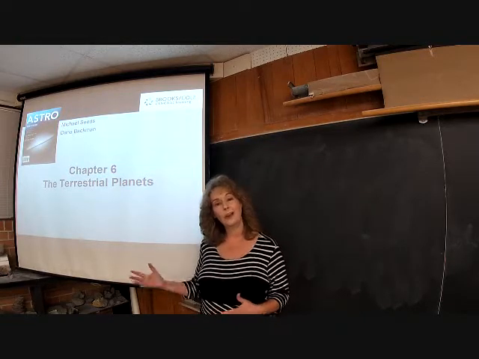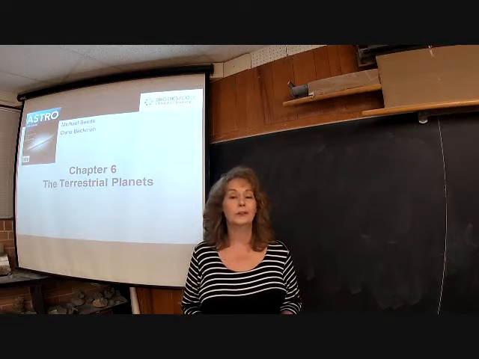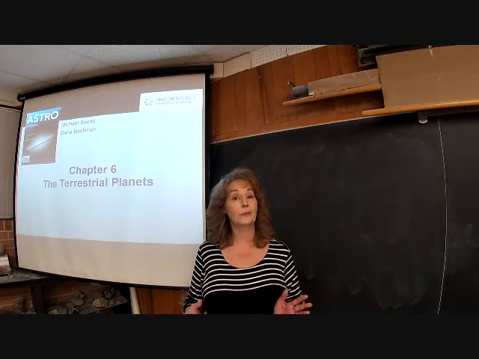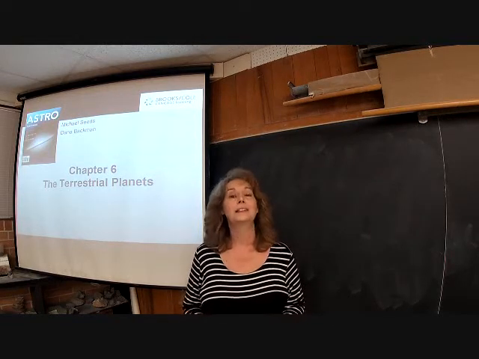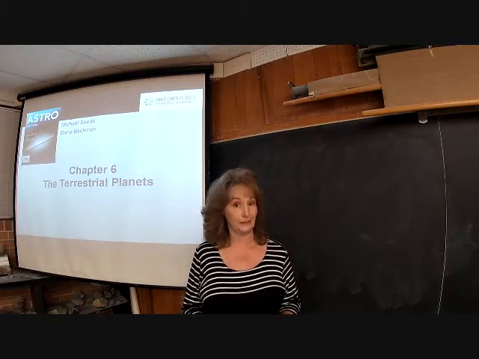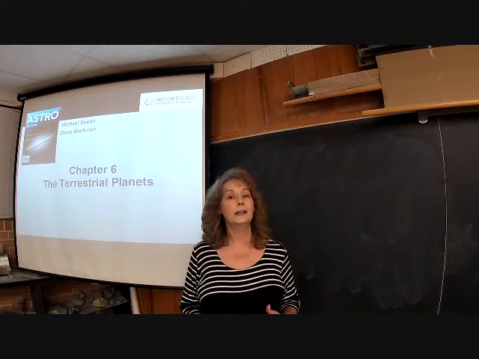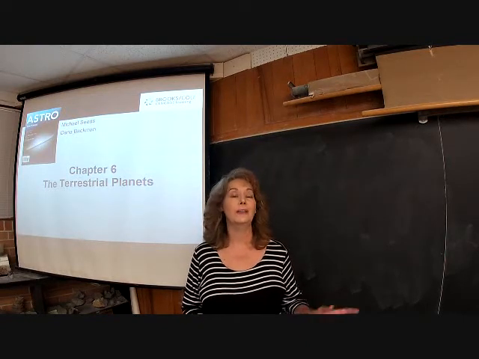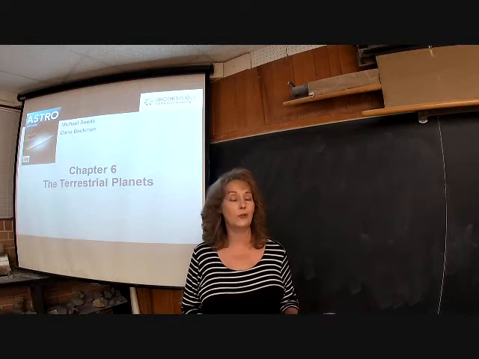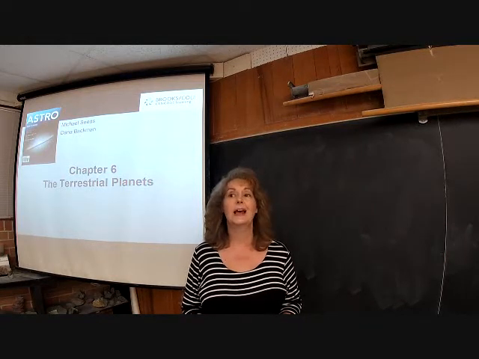The way this unit is set up, chapter 6 will talk about the innermost 4 planets that we call the terrestrial planets, the Earth-like planets, Terra standing for Earth. Chapter 7 will talk about the outer worlds, the Jovian planets, or the Jupiter-like planets.